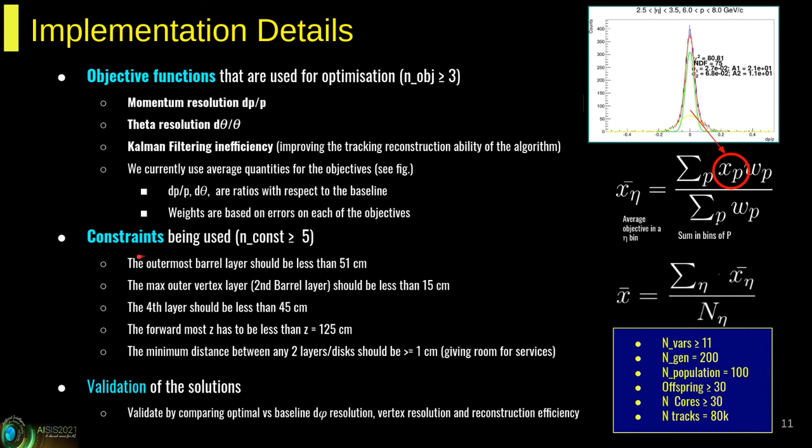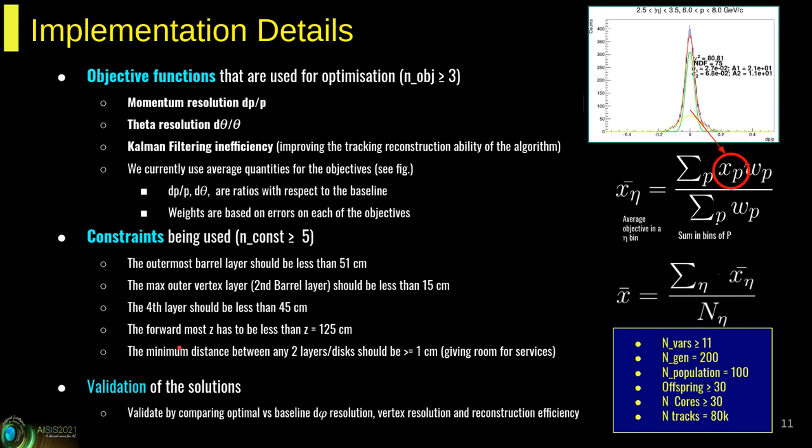As mentioned, the problem also has geometric constraints. The outermost barrel layer should be less than 51 centimeters. The maximum outer vertex layer, which is the second barrel layer, should be less than 15 centimeters. The fourth layer should be less than 45 centimeters in the barrel. The forwardmost Z has to be less than 125 centimeters.